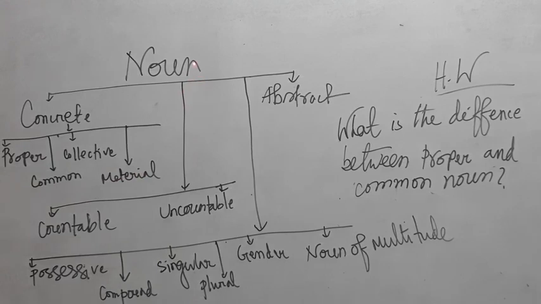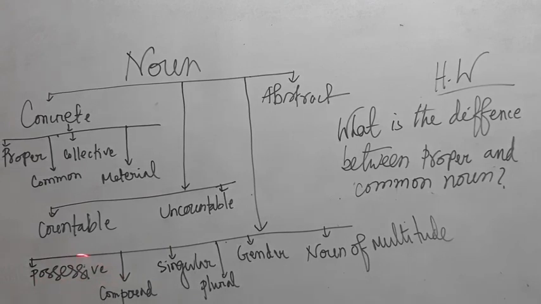And then noun is also divided into another 2 parts. One is countable, another one is uncountable. And there are other nouns also, suppose possessive noun. I have already told you how we can turn a proper noun into a possessive noun.